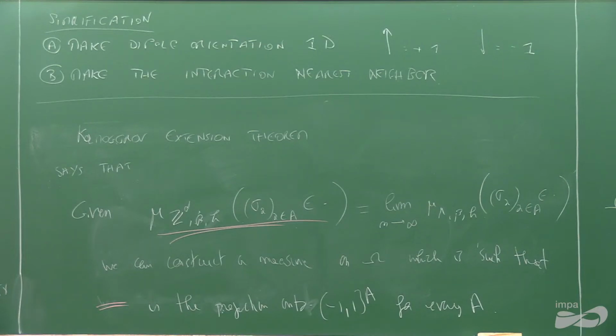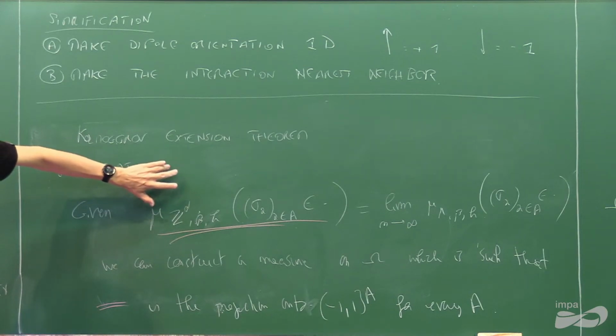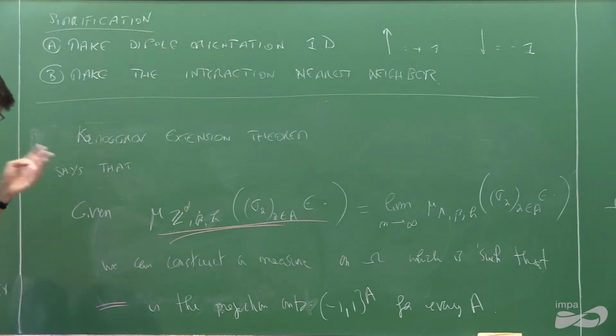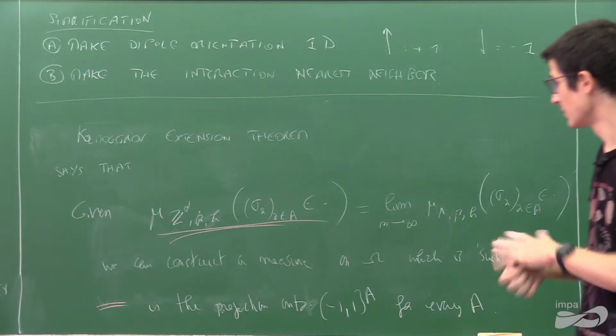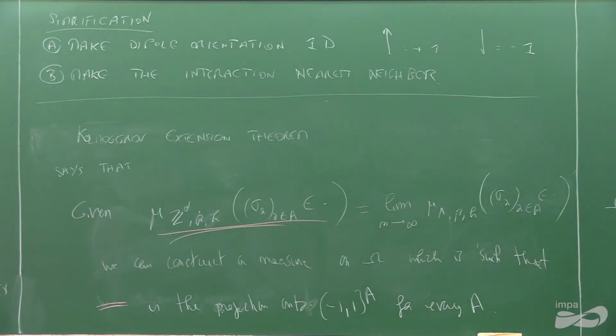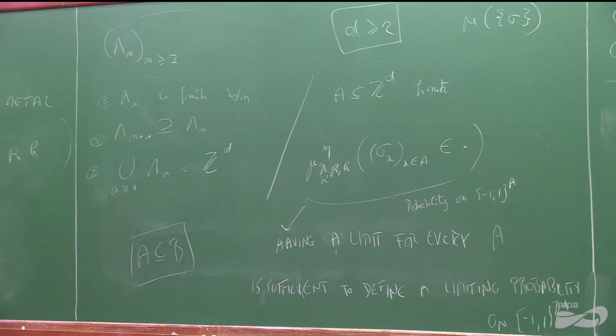And what the Kolmogorov extension theorem tells you is that if you have something which is well defined on the set of cylinders, you can extend it in a unique fashion to the full sigma algebra. These are just technicalities, but the idea is that this allows you to define a limit, and you would want to know what are the properties of this limit.